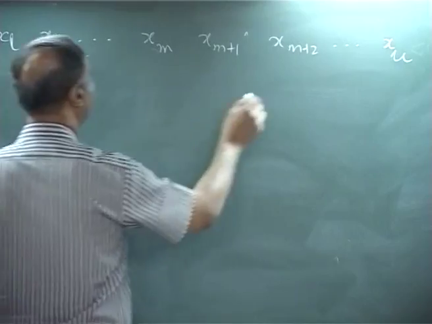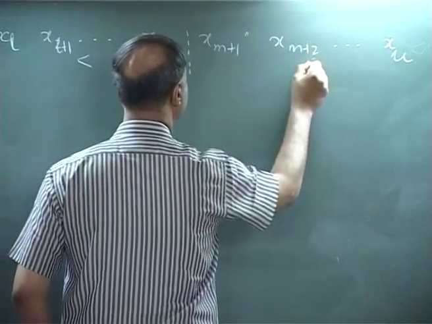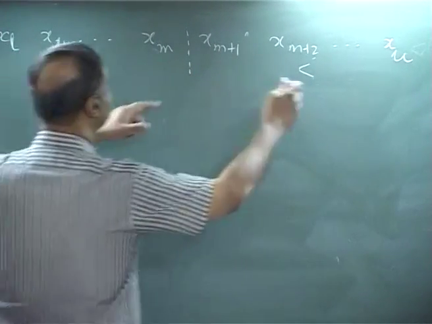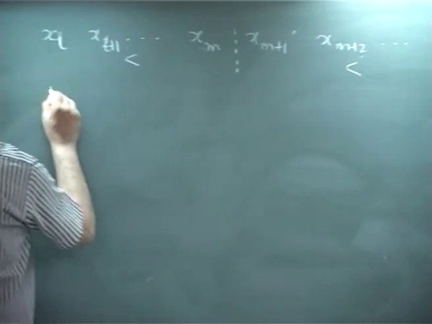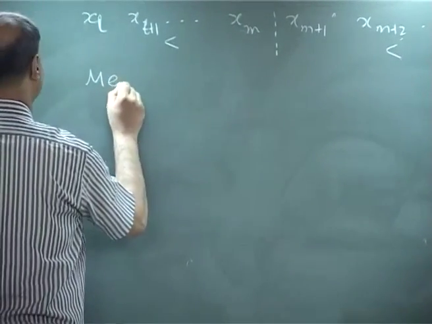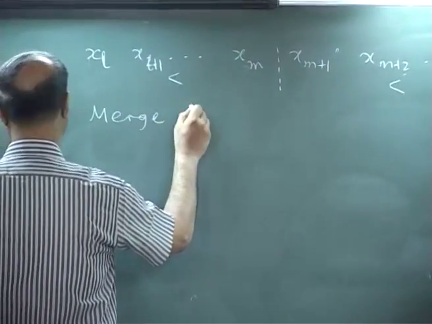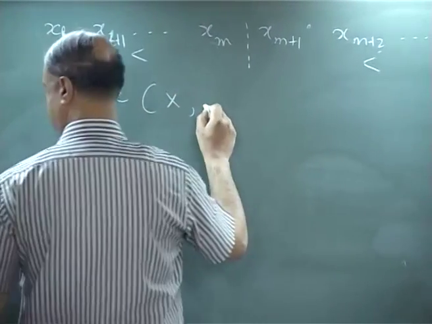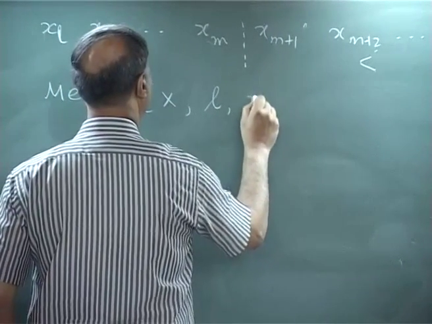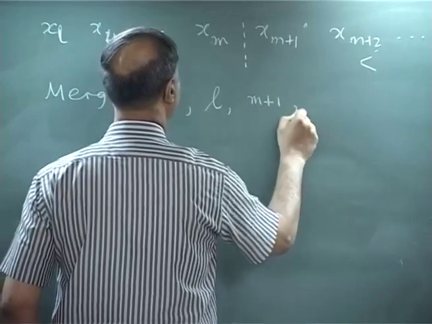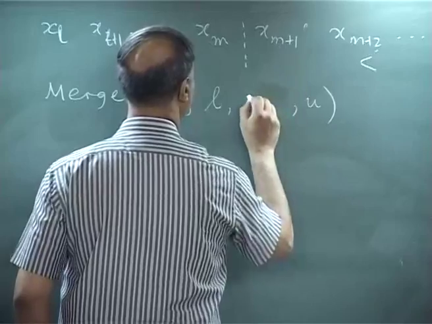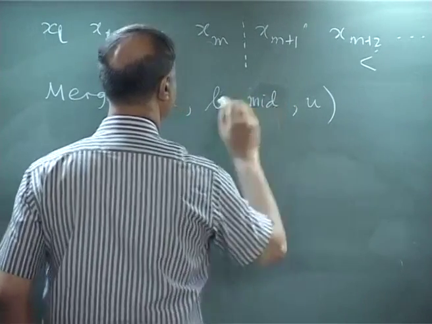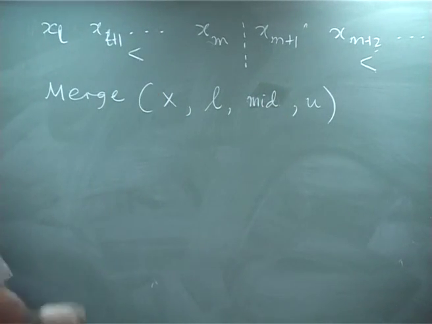This satisfies the property that this part is in increasing order, and this part is also in increasing order. Now we have to merge it. So I can write merge x, l, m plus 1, u, or for me mid, and then u.